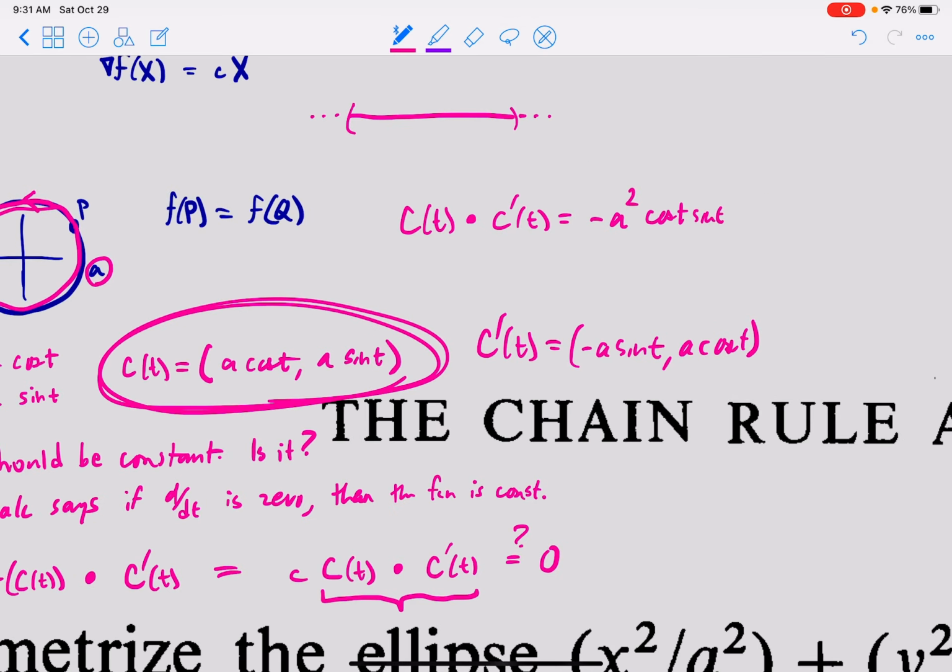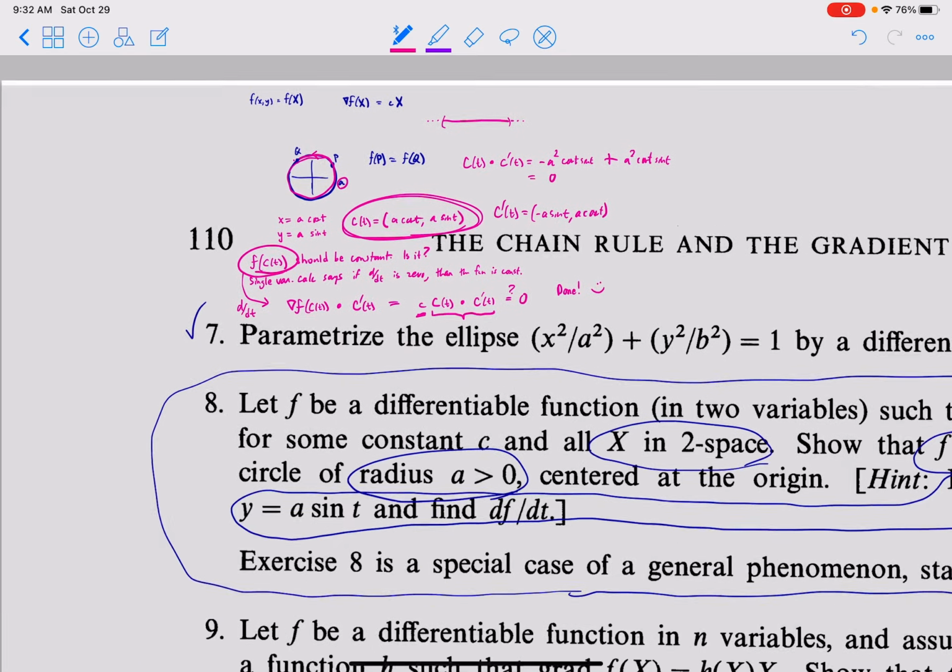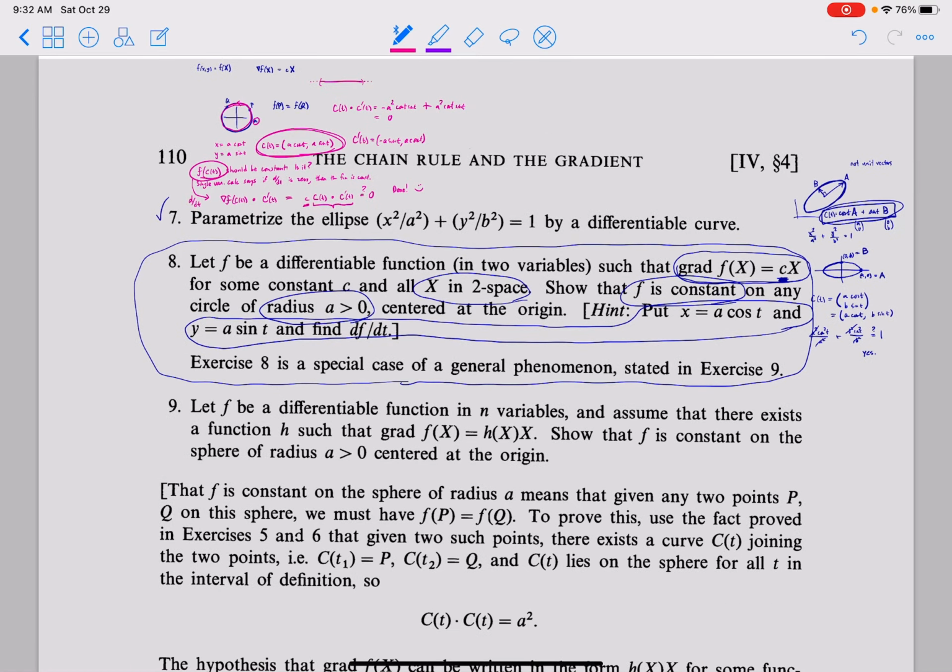And then I have to add plus this times this, which is a squared cos t sine t. And that is 0. And so any constant multiple of it times it is also 0. And so we're done. Okay, so that's number 8.